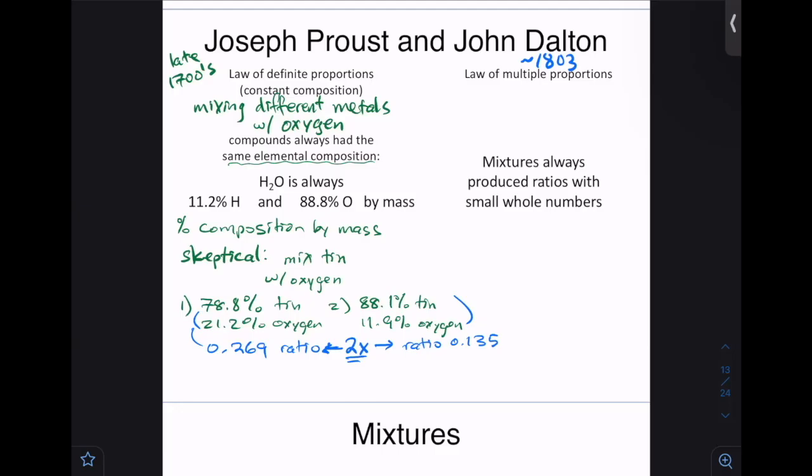Now, it wasn't just with tin and oxygen that Dalton recognized this. There are lots of other examples of this. And what this led to was a modification of Proust's original model.